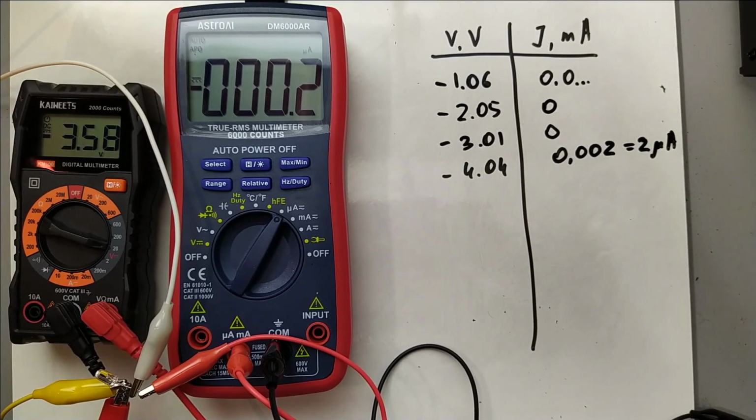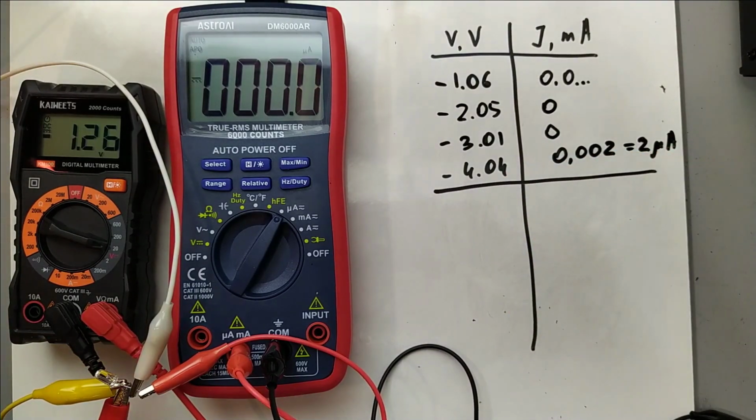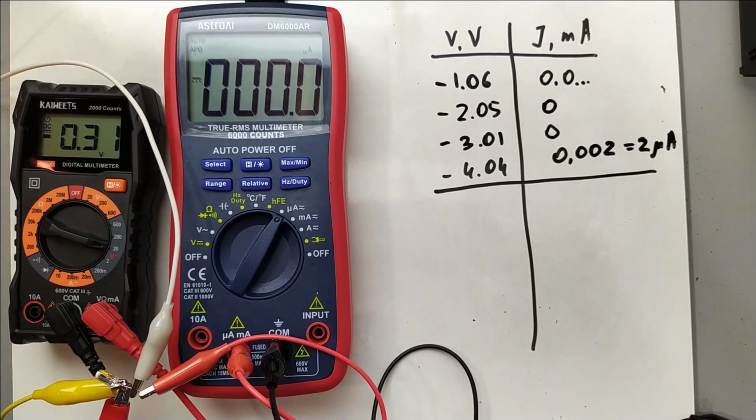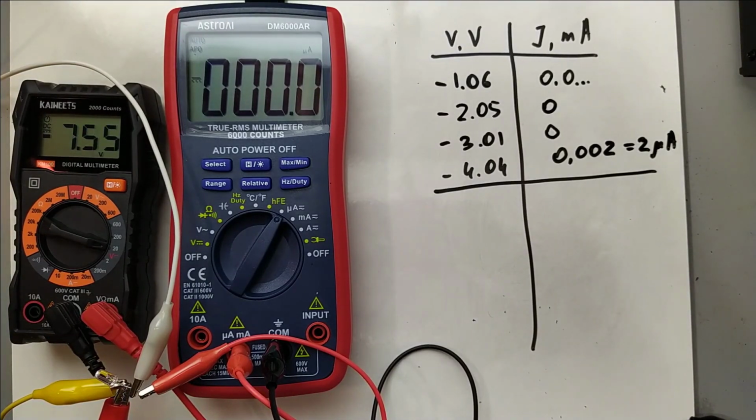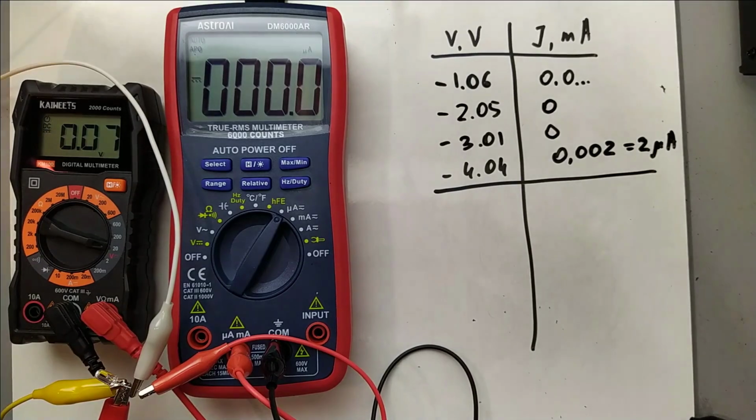So now let us go to 0. Put this line here that defines that we stopped measuring in the reverse bias, and now I put the polarity of the power supply in the right configuration, so we can start measuring now in forward bias.